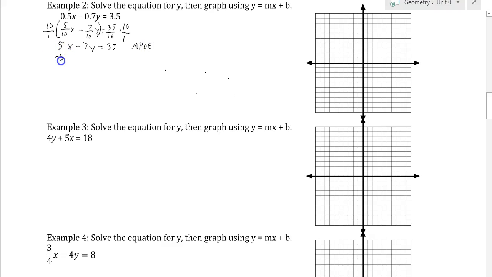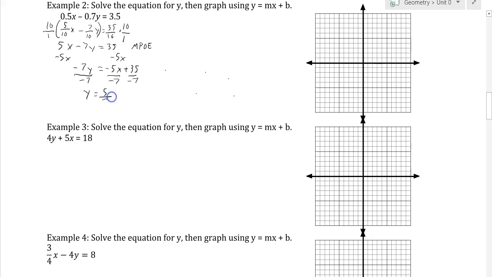And now I can subtract just a 5x. 5x and 35 are not like terms, so when you subtract them, you just write them next to each other. Negative 5x plus 35. Putting the 5x first, because we want it to look like y equals mx plus b. And we know that adding is commutative. You can switch it around.